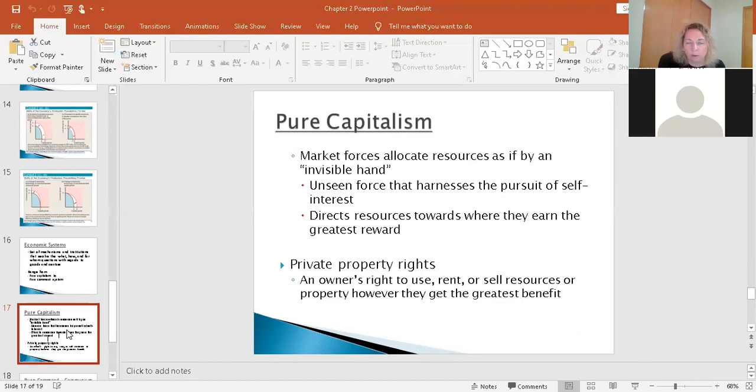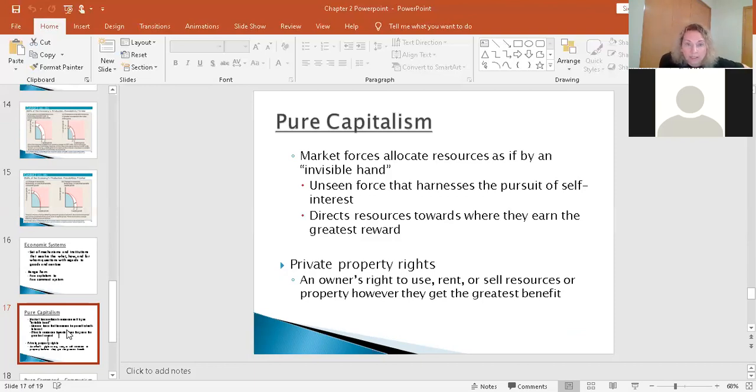Invisible hand is something we talk about a lot in economics to explain the stuff we can't really explain. It just happens because of human behavior. Nobody makes it happen. It happens because of the pursuit of self-interest. You and I do things that are in our own best interest, and as a result, markets sort things out as if by invisible hand.